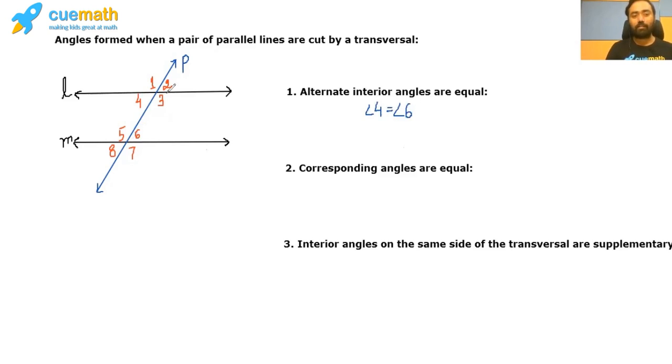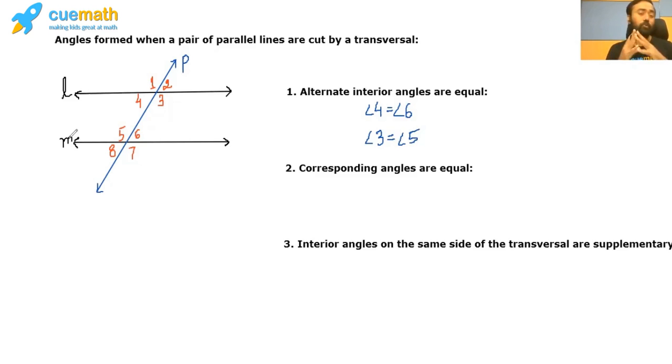Similarly, the other interior angle would be angle 3, and the angle at an alternate position in the interior part is angle 5. Hence, the other pair of alternate interior angles is angle 3 and 5, and they are equal. This condition is only applicable when the lines L and M are parallel.